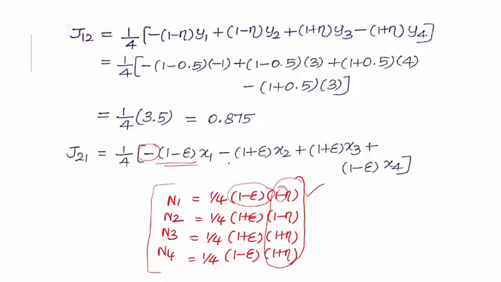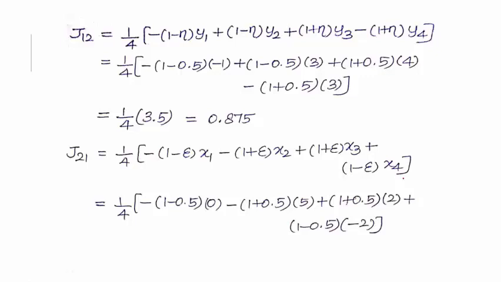For the second term, in the second shape function the sign of eta is minus and the epsilon term is 1 plus epsilon. For the third term, the sign for eta is plus and the epsilon term is 1 plus epsilon. For the fourth term, the sign of eta is plus and the epsilon term is 1 minus epsilon. By substituting all the known values, we can calculate the value of J21 as minus 1.375.